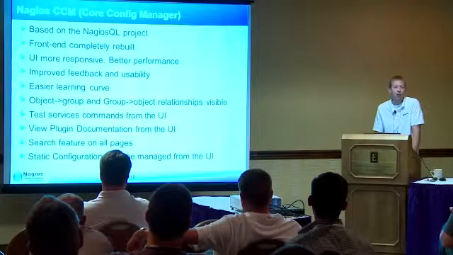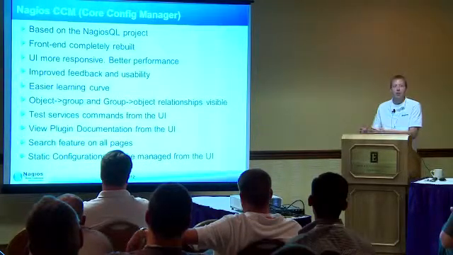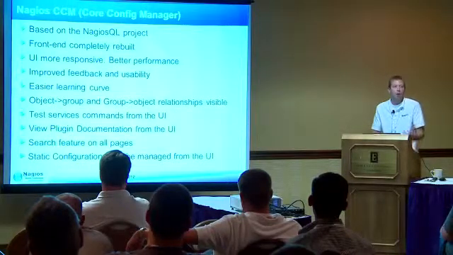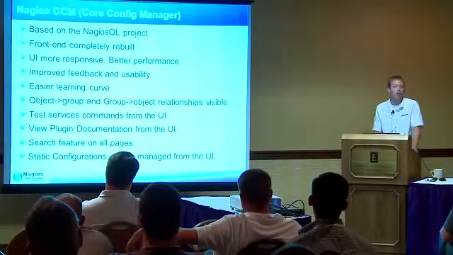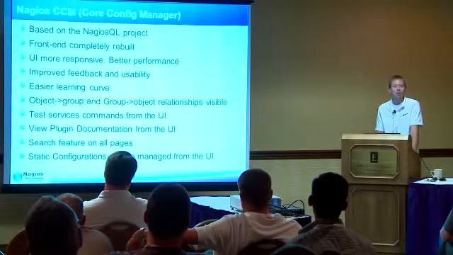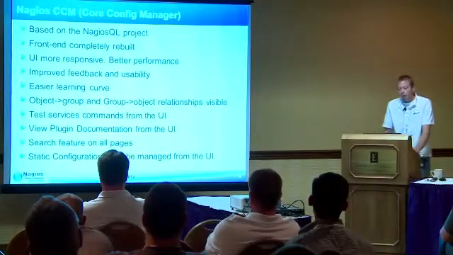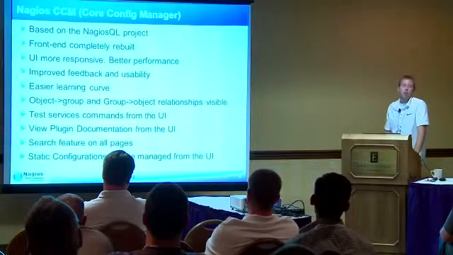We decided, so our own developers could work on and maintain aspects of the front end, to take the back end that was there and essentially revamp the front end to match more of what XI was doing. If we wanted to make our own fixes or modifications going forward, it would be a lot easier to do that. So some of the features for this: the UI is generally more responsive.